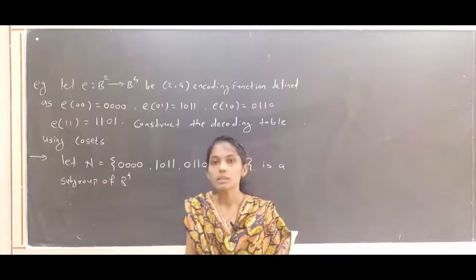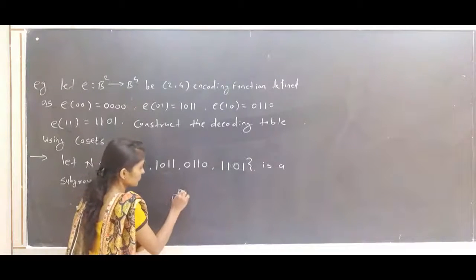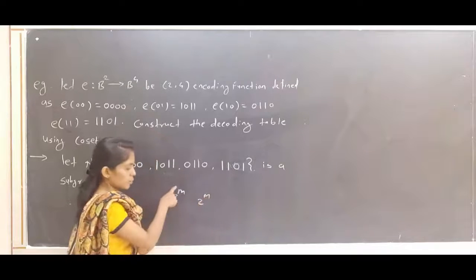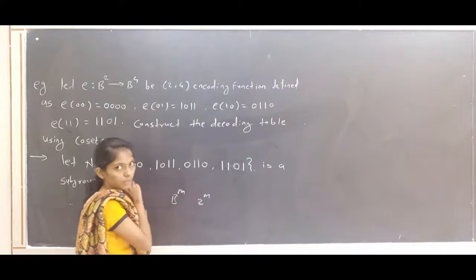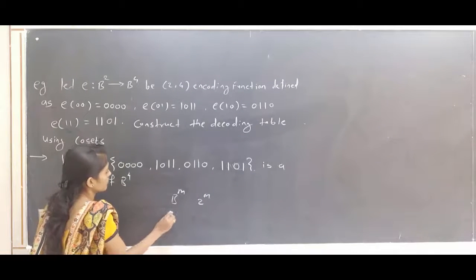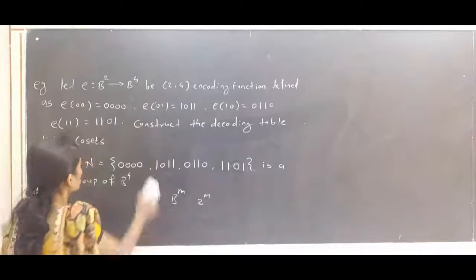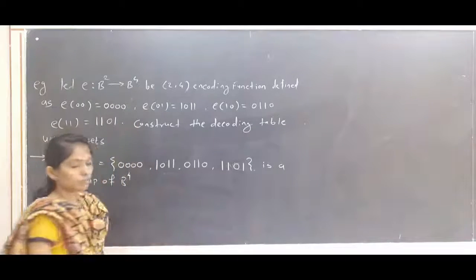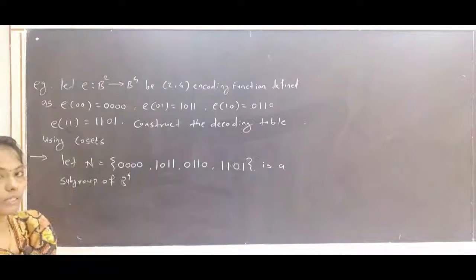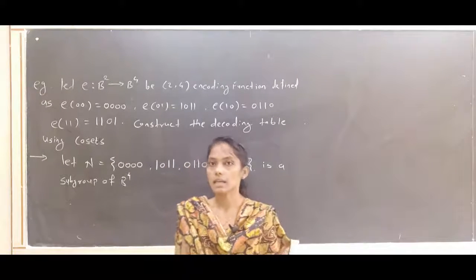Okay, so here the number of cosets, see, B^m contains how many elements? 2^m elements, right? So here B⁴ contains 2⁴ elements, that is a total of 16 elements.